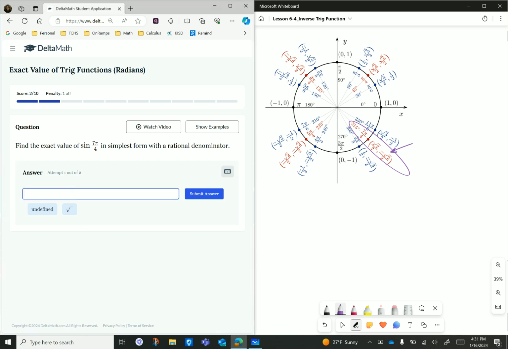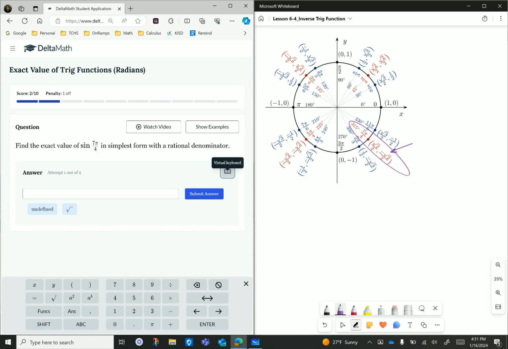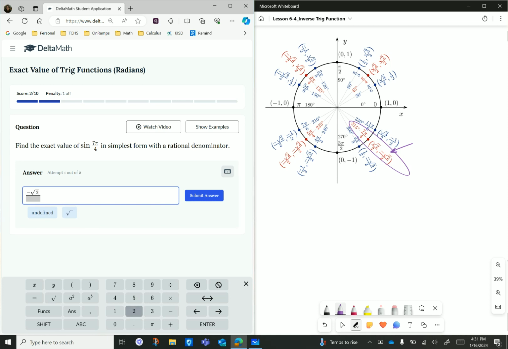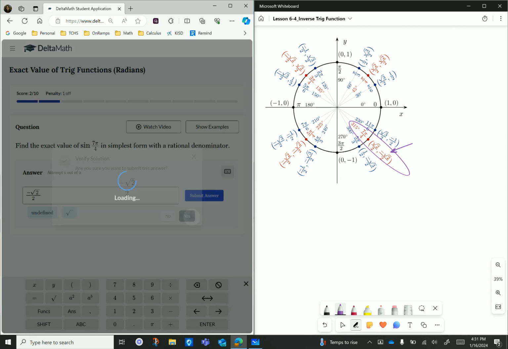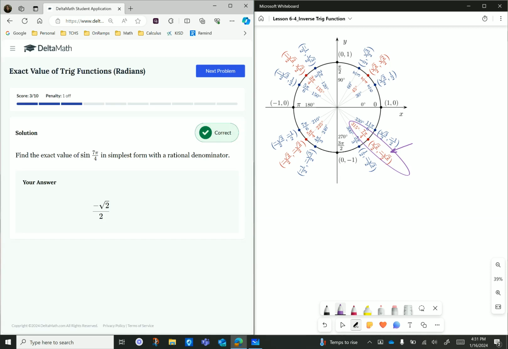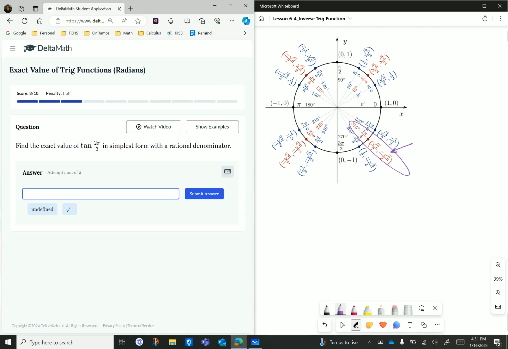So negative square root of 2 over 2 is what we will type. So let me put that first. Negative square root of 2, arrow down to the denominator, and we will do that. So this is basically what we've been doing, okay? Evaluating sine, cosine, tangent, cosecant, and secant.